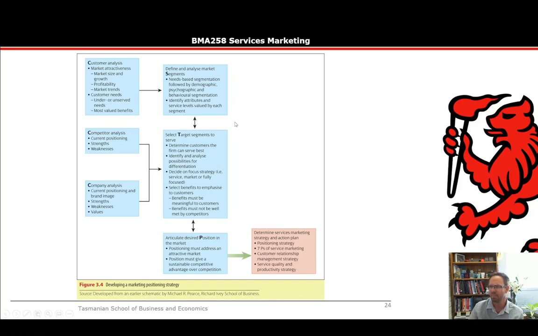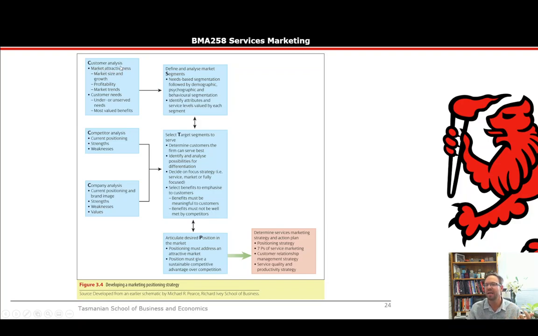But before we get to the segmentation, targeting, positioning, and how we use that to develop our marketing strategy, we need this analysis, all right? And this often gets done through marketing research, which I understand not all of you have done yet. But when you do study marketing research, these are the things that we're trying to answer, the data, the information that we're trying to find, such as our customer analysis.